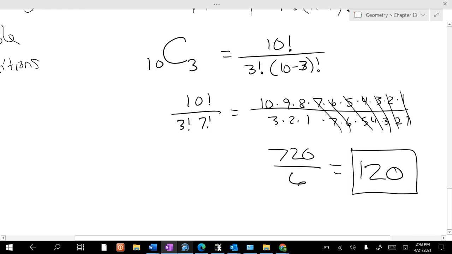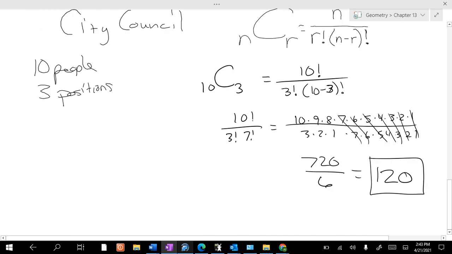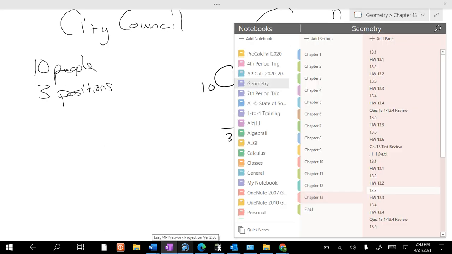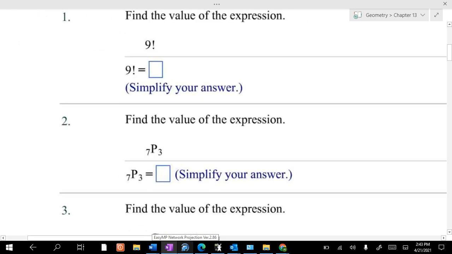All right. So this is doable, right? We can do this. Now, the hardest thing for you guys will be to recognize exactly which problems are which. So let's go to the second page of this. 9 factorial. How would you do that?